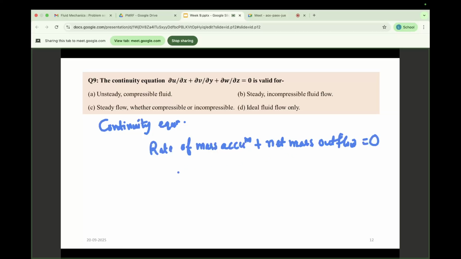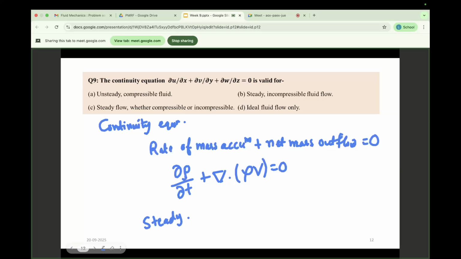So if I represent it in generalized terms, it should be dou rho dou t plus gradient of density into velocity equals 0. This is only the velocity component, and that means this component should be 0. When will this component be 0? If I consider steady flow, that means change with respect to time should be 0.